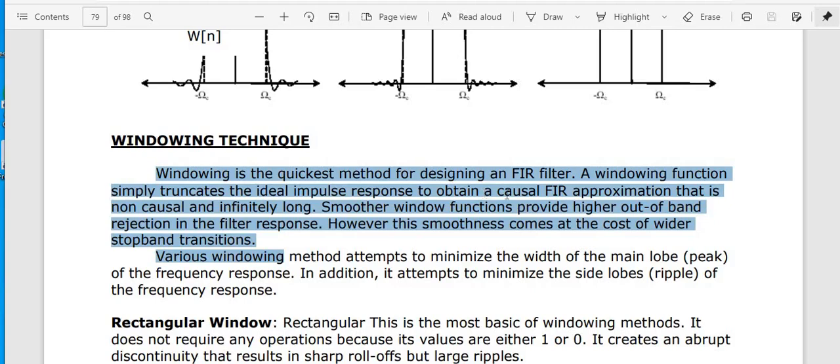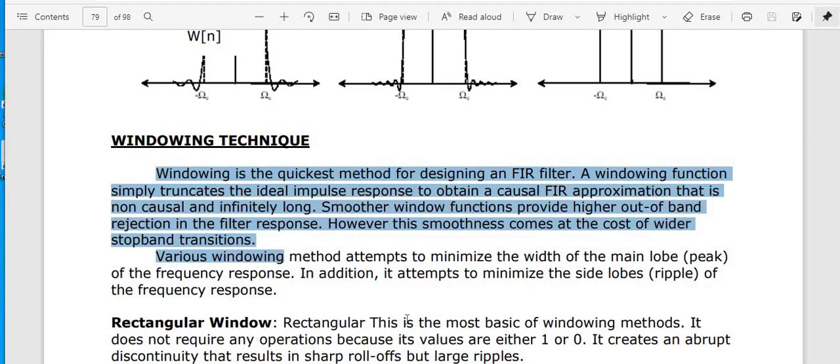That is called truncation. Suppose you have a response from minus infinity to infinity, and you truncate it to minus omega c to omega c. This is called truncation. Of the whole samples we use a part, reducing the size of the signal, right? So what is the use of truncation? Here it says the windowing function simply truncates the ideal impulse response to obtain a causal finite impulse response approximation of one that is non-causal and infinitely long.